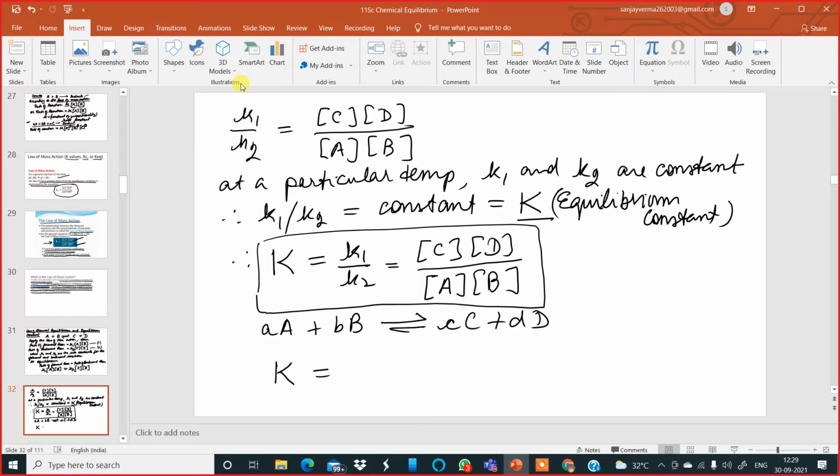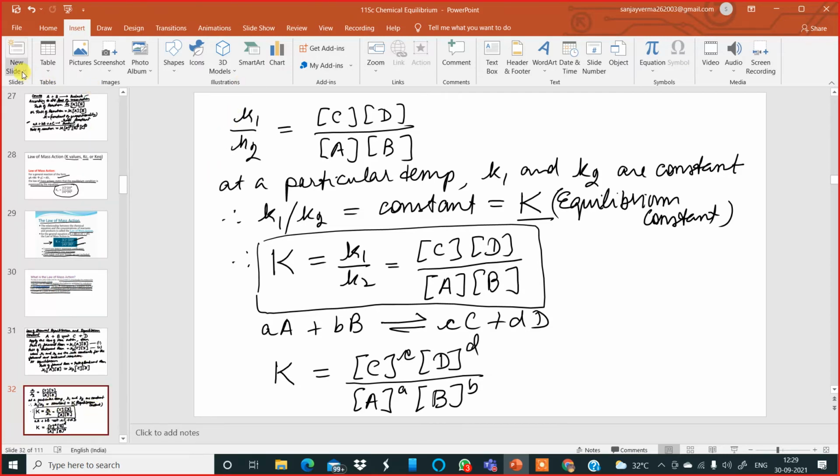Capital K is equal to C raised to the power of small c into D raised to the power of small d divided by A raised to the power of small a into B raised to the power of small b. That is how you get the expression for the law of chemical equilibrium. Okay, so these are known as equilibrium constant expressions. It is important for you all to remember the definition of equilibrium constant, which I am going to write in the next slide.